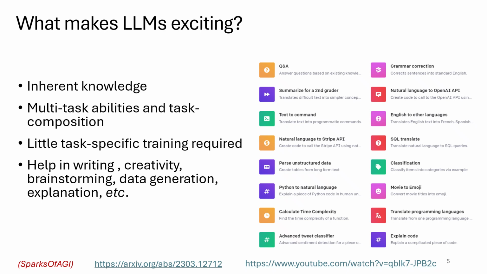So what makes these LLMs exciting? They've been trained on a lot of data, and therefore there's a lot of inherent knowledge in these models. Because of this, they can do a variety of tasks, as you can see from the examples on the right hand side, be it question answering, grammar correction, summarization, translation, text to command, parsing unstructured text, understanding code, generating code, etc. And you can give instructions to compose different tasks.